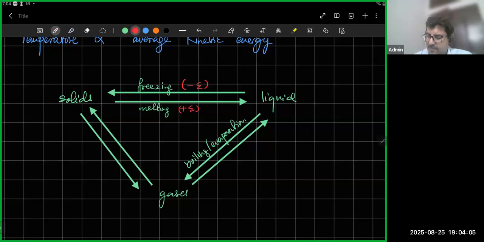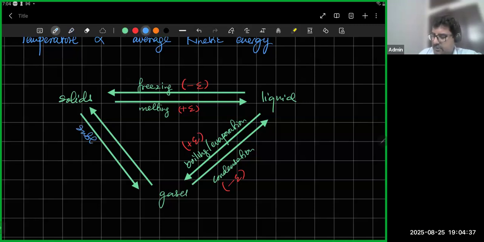And when particles go from the liquid state to the gaseous state, that is also plus energy. And vice versa, gases can turn back into liquid, and that's called condensation. And that's minus E. Solids can turn into gases as well, and that's known as sublimation.